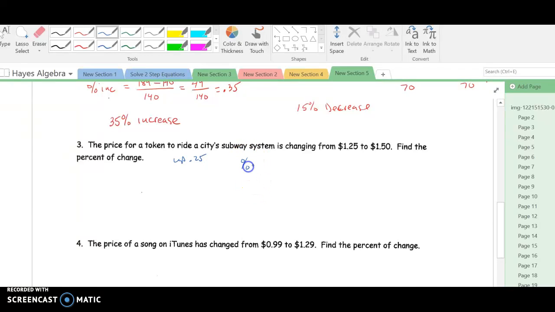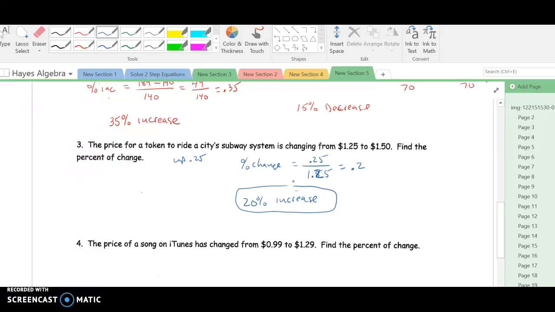So to find the percent change, we're going to take that amount of change, which would be 0.25, divide it by the original of $1.25, and 0.25 divided by 1.25 would give you 0.2. And we summarize our answer by changing this decimal to a percent. We say it's a 20% increase.